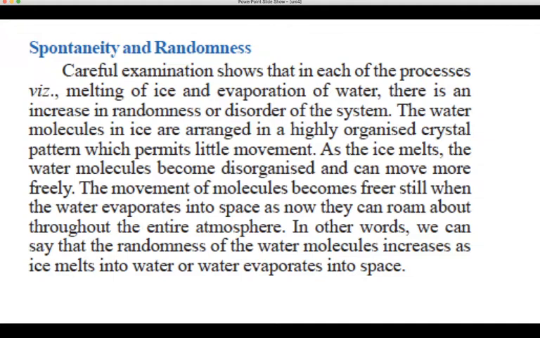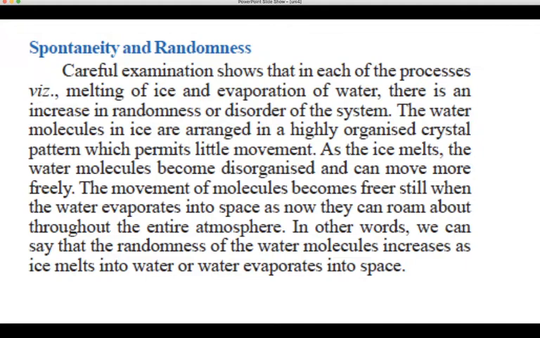In the ice cube, water molecules are well arranged in the cube formation. But when it becomes water, there is more randomness in the water molecules compared to the ice cube, or disorder of the system. You can say there is no order. Earlier, in the ice cube, all the water molecules are organized in a manner, while when it becomes water, randomness or disorder will increase.